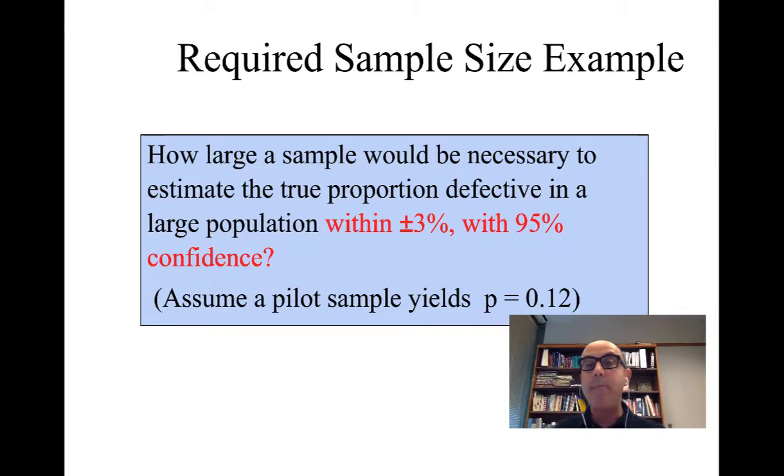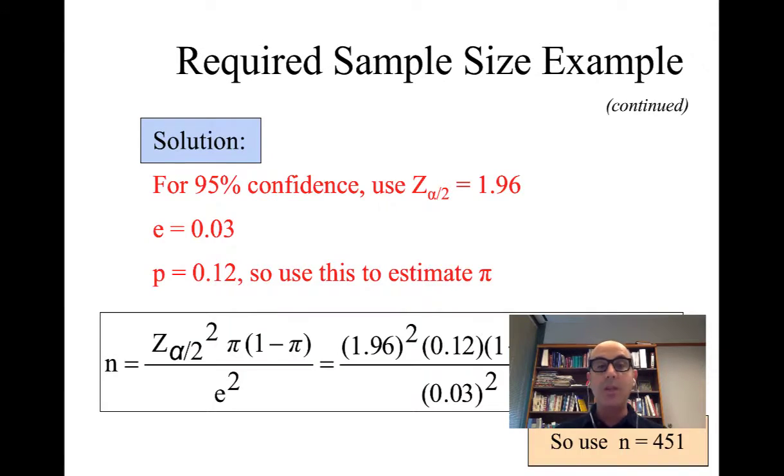So, how large a sample would be necessary to estimate a true proportion defective in a large population within plus or minus 3% with 95% confidence, assuming that this pilot sample yields that p is equal to 0.12? The idea here is, again, I want you to take a very close look at how I use all the information that was given to me.